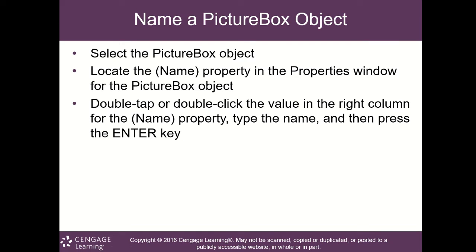In order to name the picture box object, you have to select that object the same way as the other object. Select, go to properties, locate the parenthesis name property in the properties window, double tap or double click the value in the right column, type the name and then press the enter key. That is it.